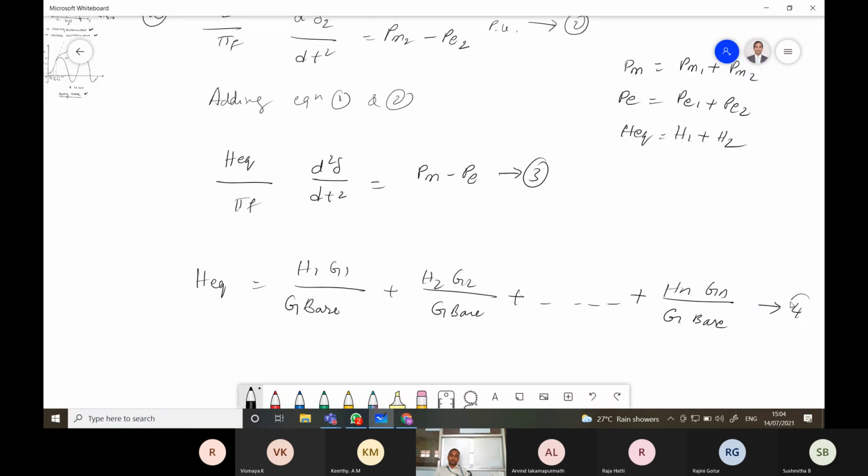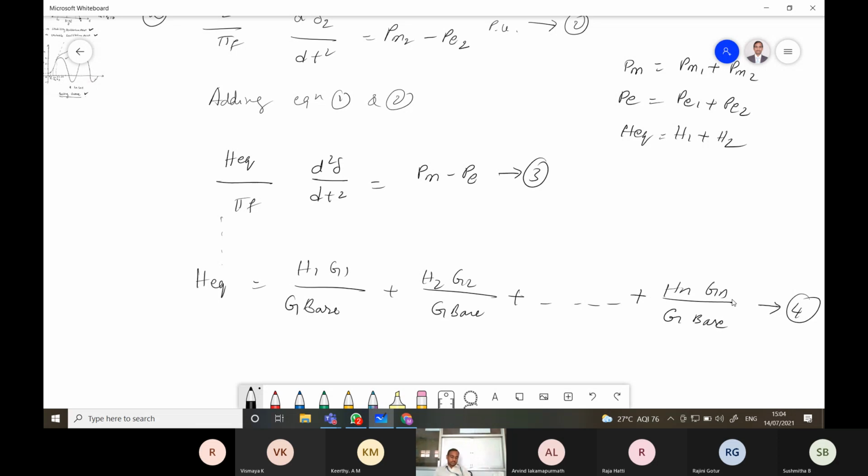This is equation number 4. The above results are easily extendable to any number of machines swinging coherently. Suppose we are considering only two machines here, number 1 and 2. If n machines are connected to the grid and all are swinging coherently, we can extend this equation to H equivalent up to n terms. So this is called machines swinging coherently.